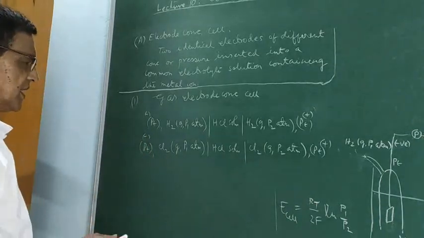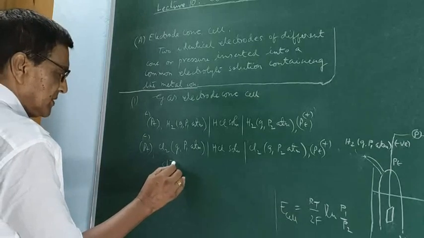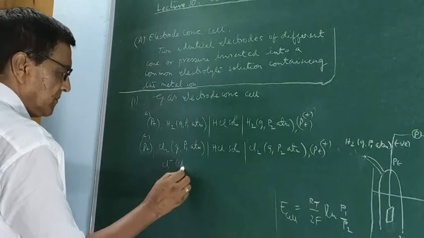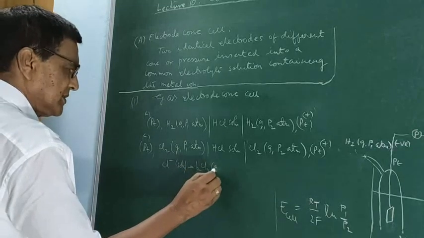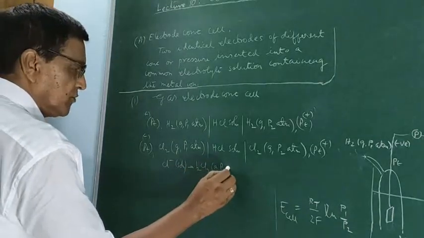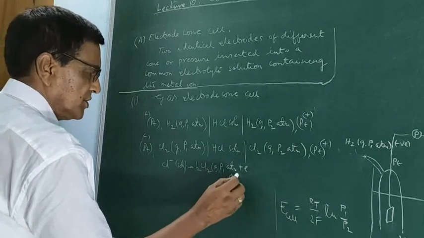So here the reaction is oxidation: Cl minus in solution giving half chlorine gas at P1 atmosphere plus electron, and it is the oxidation.